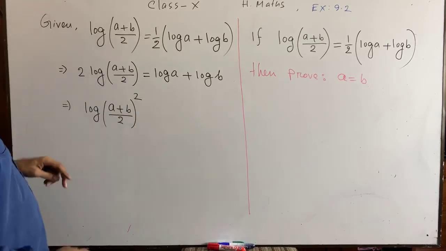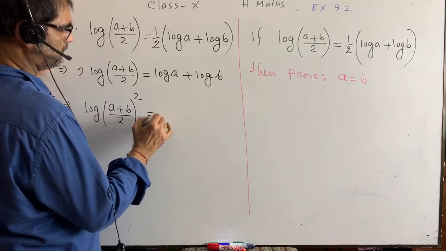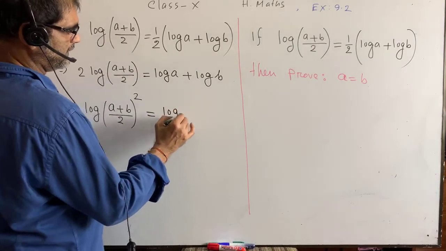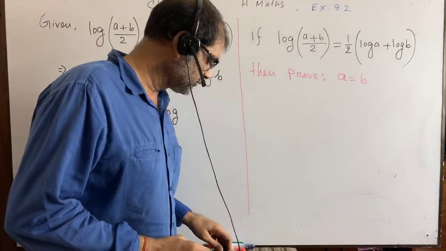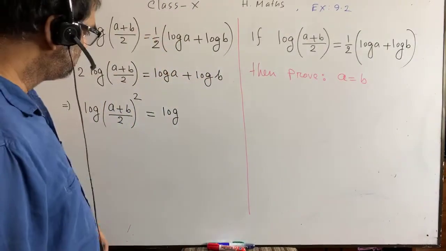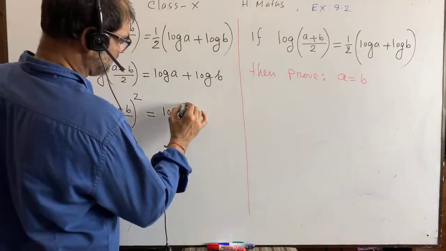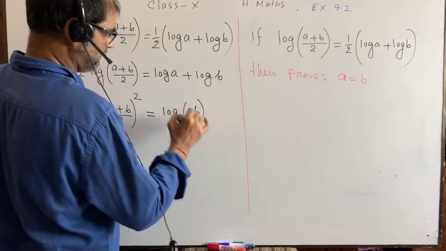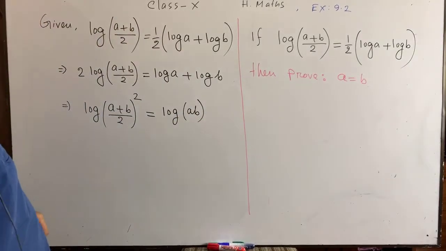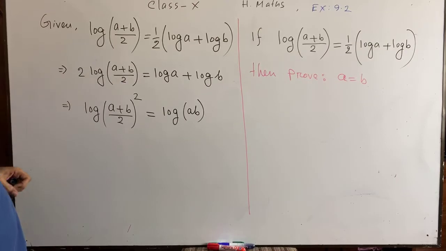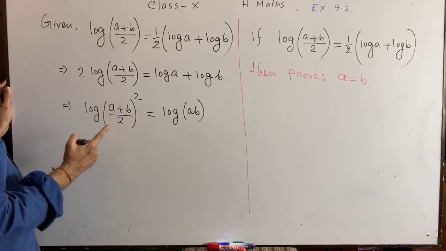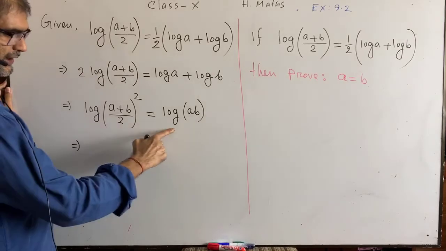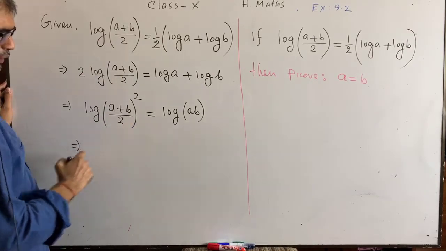Okay, is equal to log of, this is addition. So during addition, what we normally do, we multiply, right? So we can write here ab. It means, you see, by taking anti-log on both the sides, we can vanish the logarithm.